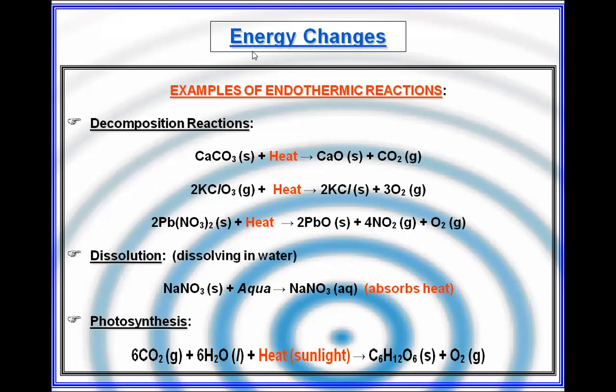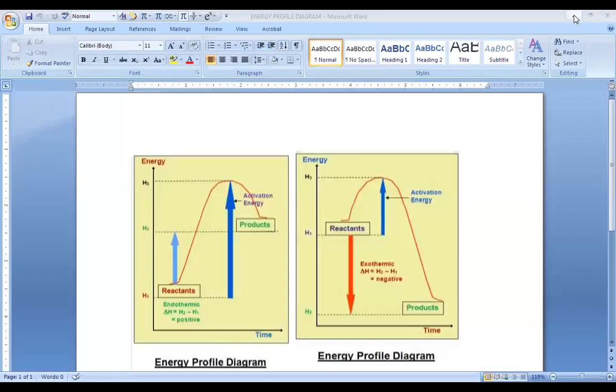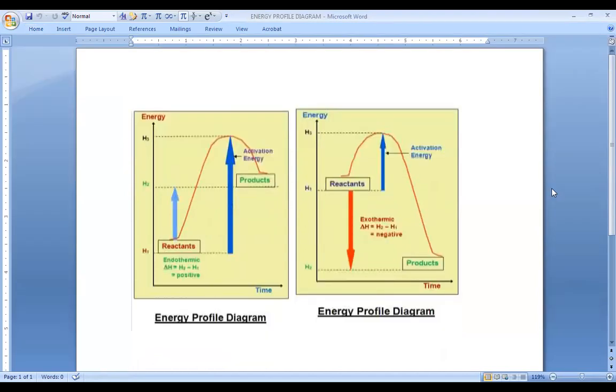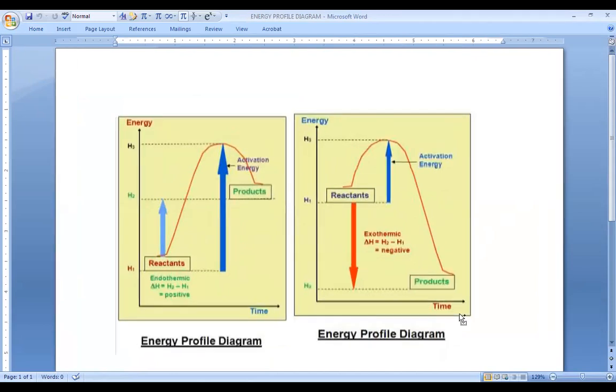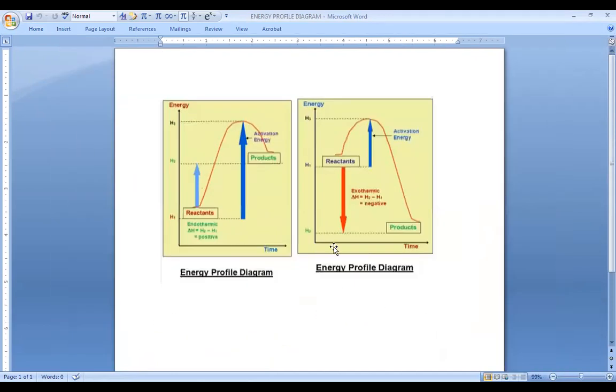Now, this is the comparison between exothermic and endothermic energy profile diagrams. Now you can see that the left hand side diagram must be the endothermic reaction because reactants are less than the products, as they absorb an amount of energy clearly.